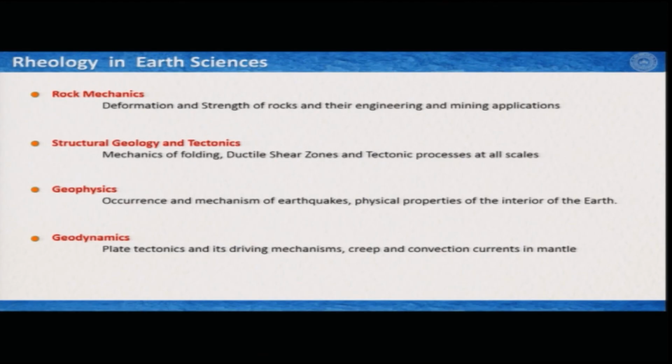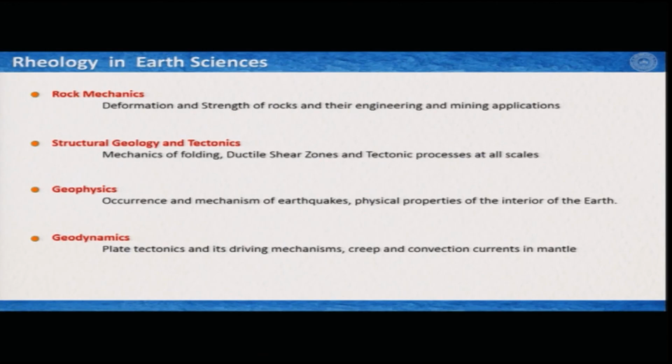Now, we will move to the consideration of how we can express or how we can study rheology. We have stated earlier that the mechanical state of a body is defined by dynamic parameters and kinematic parameters.